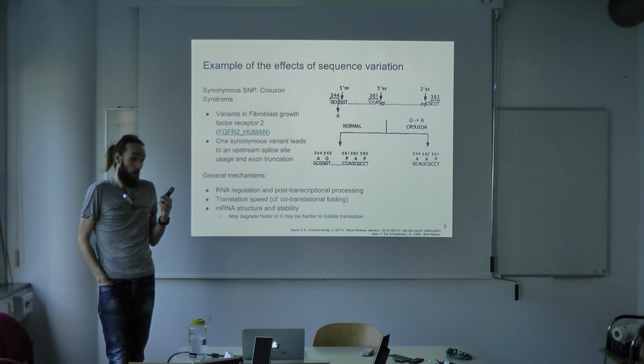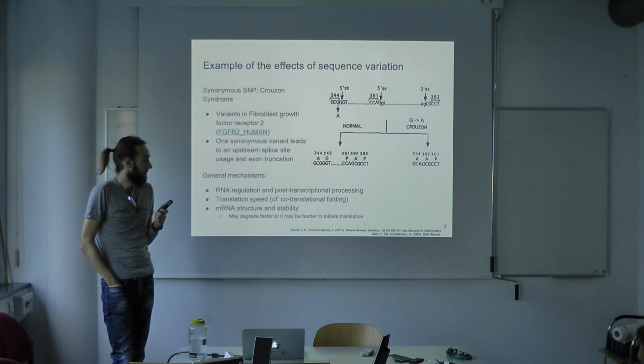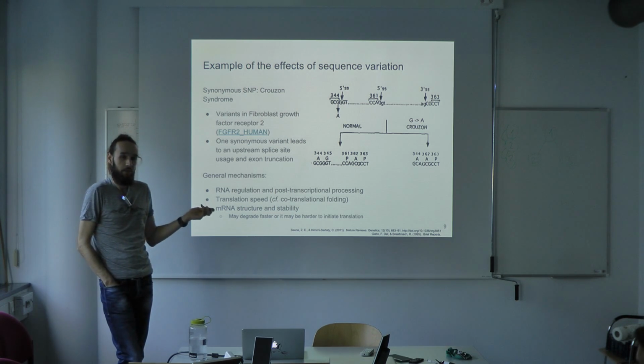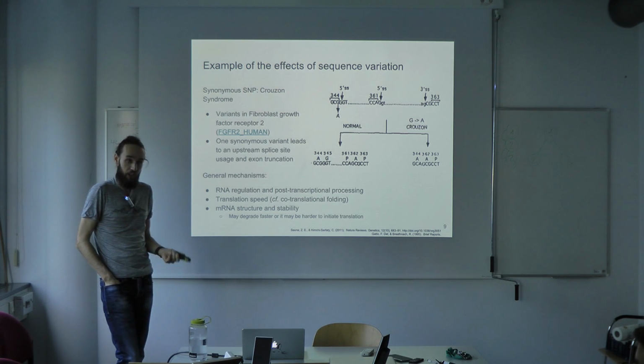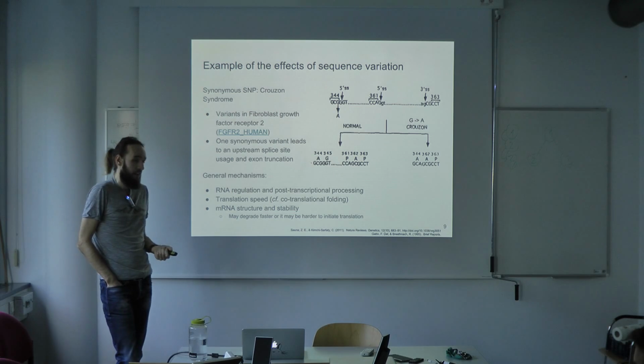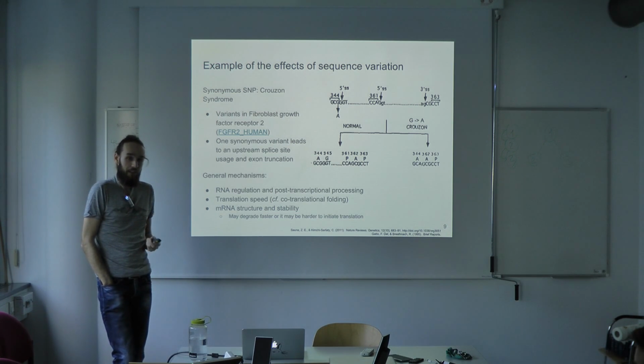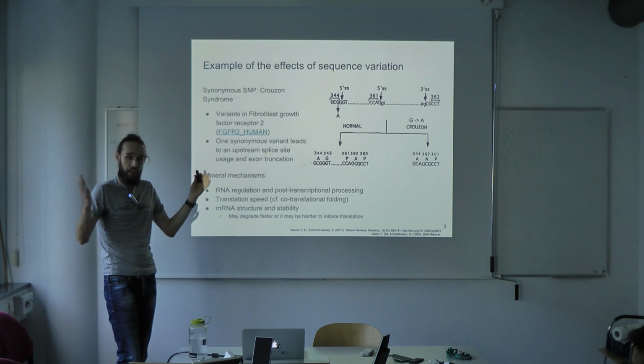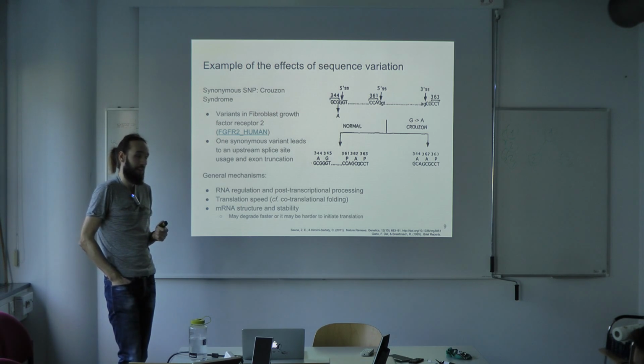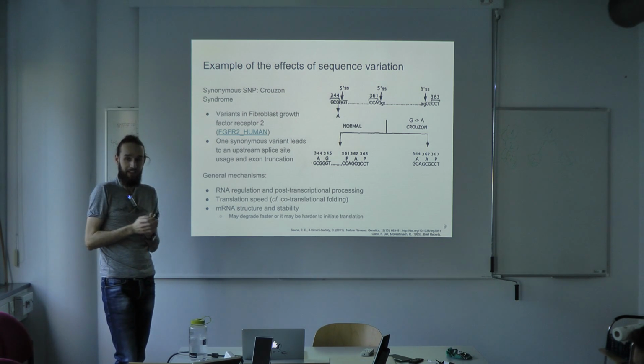Then there is the whole topic of the RNA. We don't directly go from DNA to protein. We first have to create the messenger RNA. And RNA has a structure actually. So it's not just floating around in one string, it does build secondary structure, it builds loops and things like that.